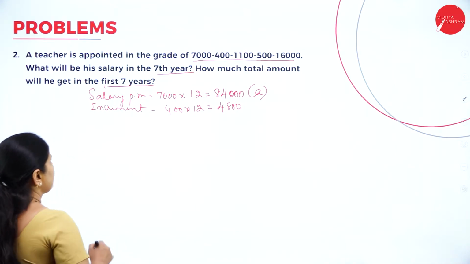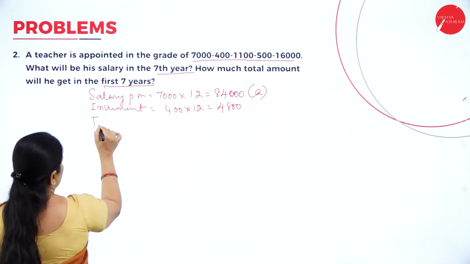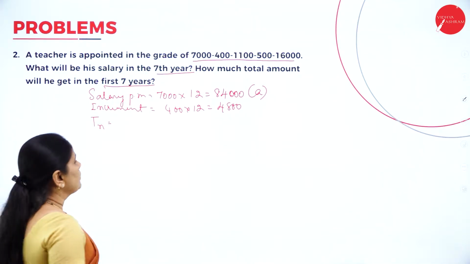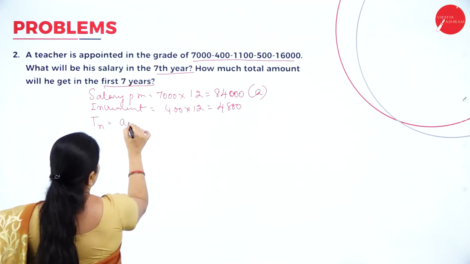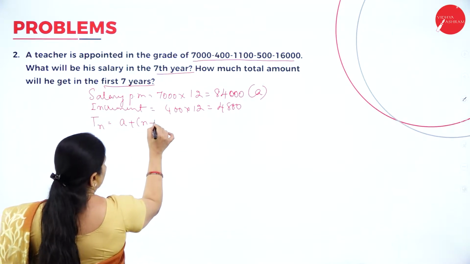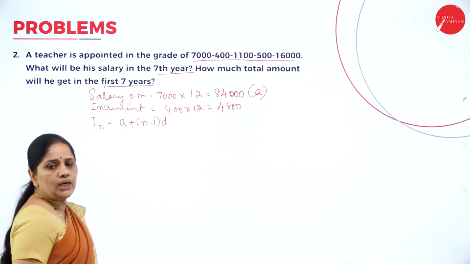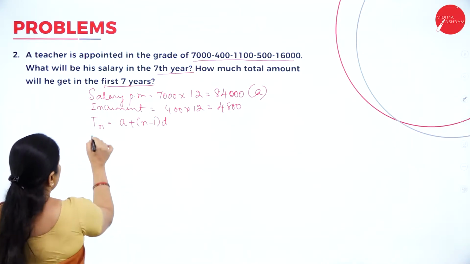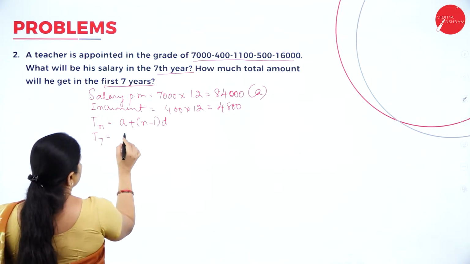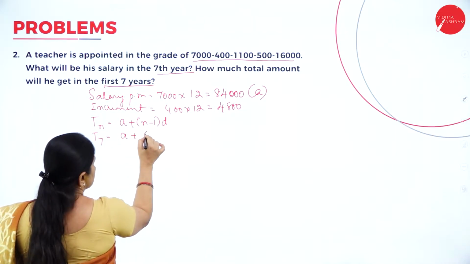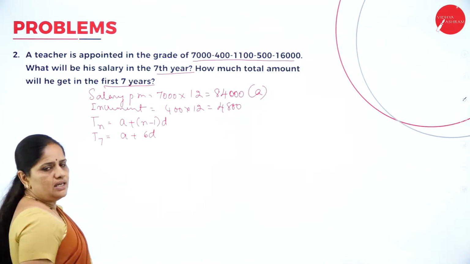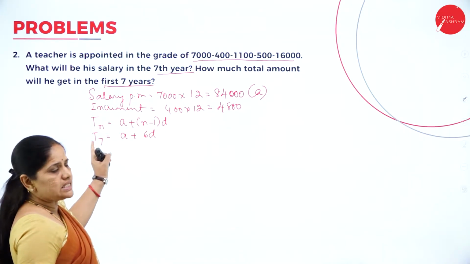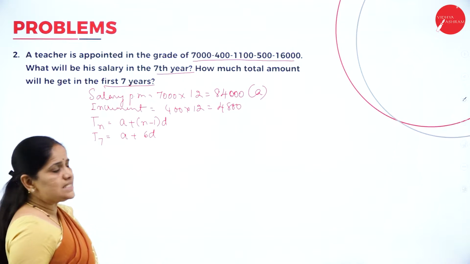So, T7. We make use of the formula Tn equals a plus n minus 1 into d. Now, T7 will be a plus 6d. In the 7th year, what will be his salary? T7 equals a plus 6d.